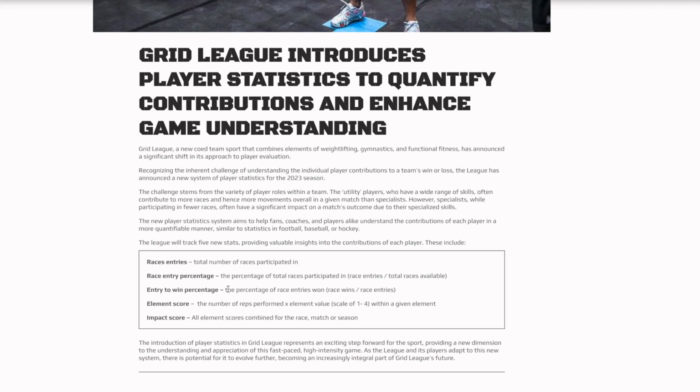So each element score is combined for a race, and that becomes the player's impact score for that race. And then, of course, that impact score accumulated across an entire match is the impact score for the match, or the season, et cetera. So this impact score is the main one we're really going to be looking at today, and probably ongoing until we get some more data to fill in these entry to win percentages and things like that. So what is this element value?